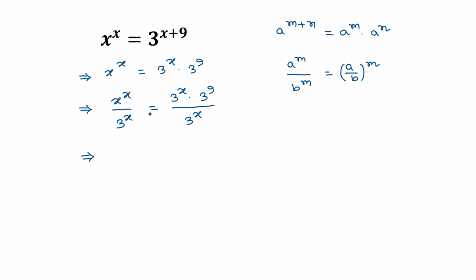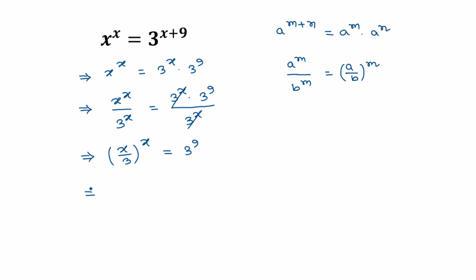Applying this formula to the left side, we can write x over 3 and whole to the power of this common x is equal to 3 to the power x, and 3 to the power x will cancel out from the right side and it will remain 3 to the power of 9.